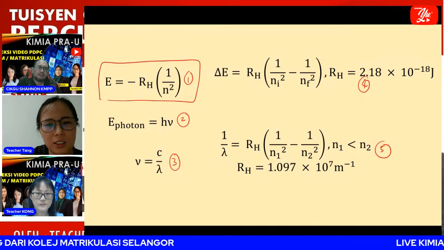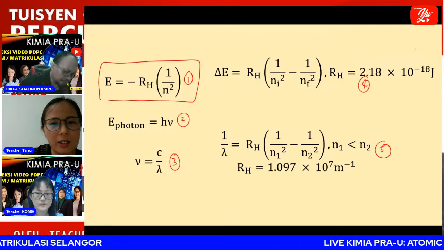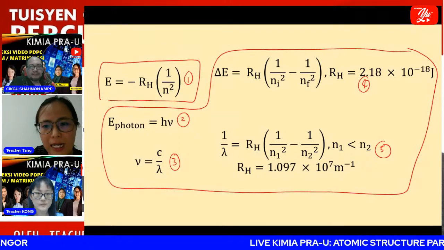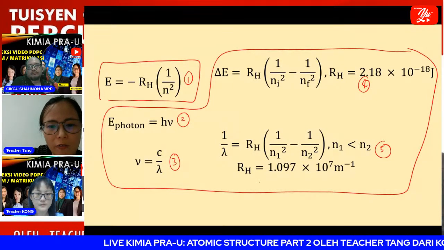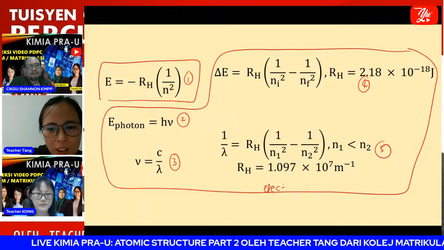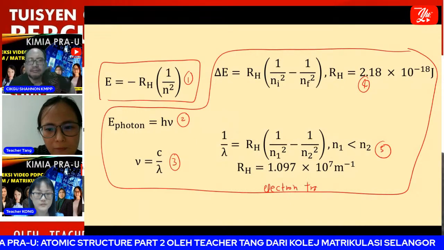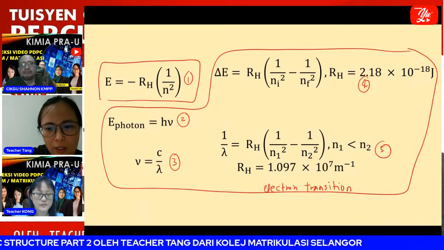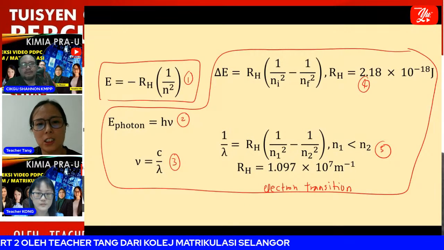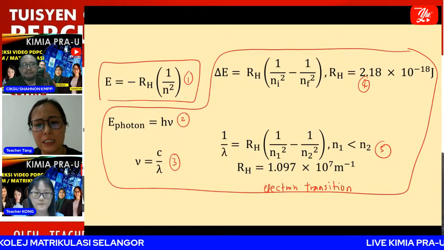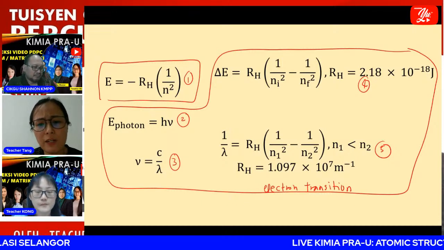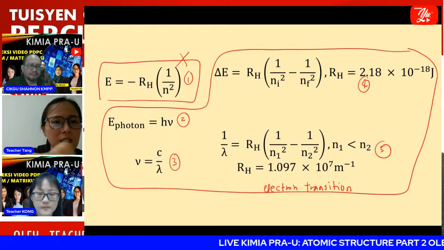The other four formulas involve electron transitions. So if you want to do a calculation, you need to ask yourself whether it involves electron transitions or not. If it involves electron transitions, it is definitely not formula number one.